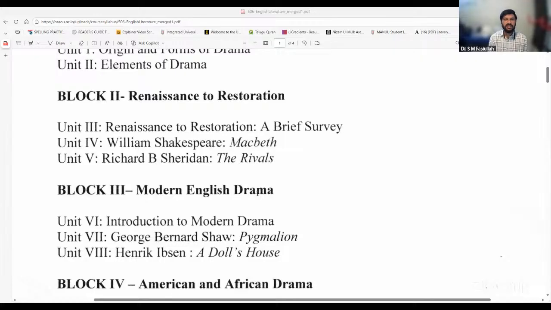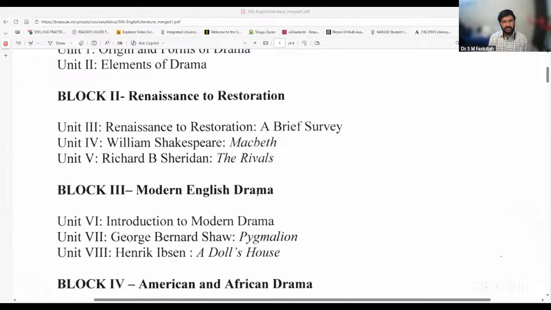So restoration is also a period in English history, and within these two different periods, unique and distinct characteristics have appeared, and as a result, a whole period is associated or named Renaissance and Restoration.